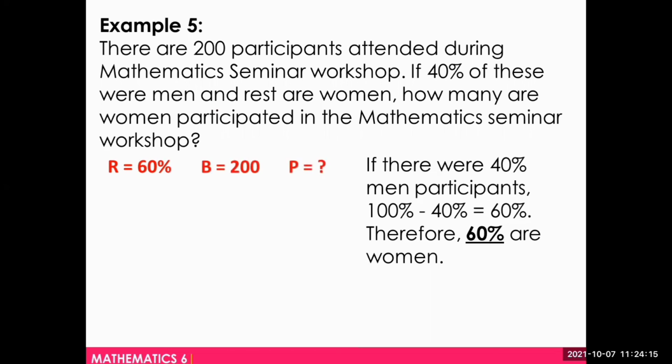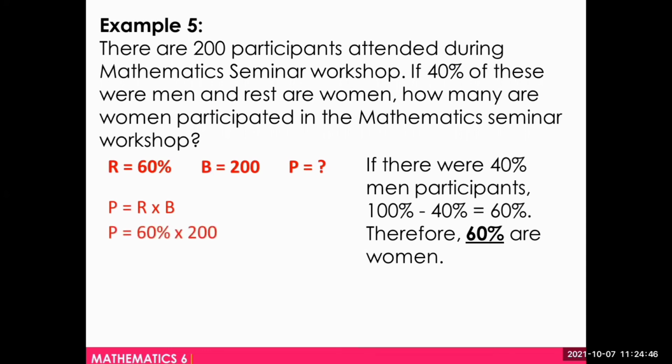Sir, bakit po hindi 40% ang isinulat natin na rate? Since ang nakalagay dyan ay 40% of these were men, ibinawas lang natin yung 40 sa 100 kasi ang hinahanap natin ay bilang ng mga babae. Now, using the Tekans triangle, gamitin natin ang formula na P or percentage is equals to rate times base.